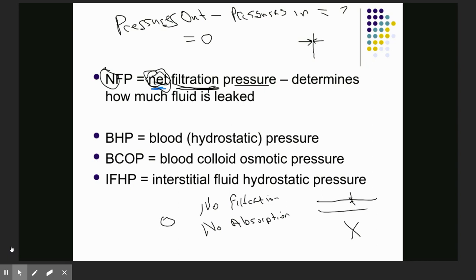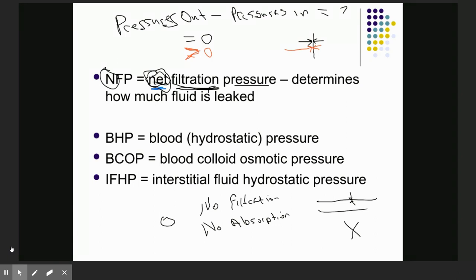But what if the number was not 0? What if when we take pressures out minus pressures in, that number is greater than 0? In other words, pressures out is bigger than pressures in. So look, it looks like this. Now what's going to happen?